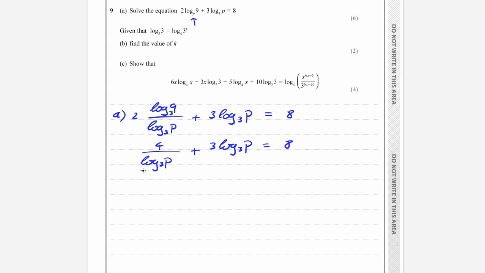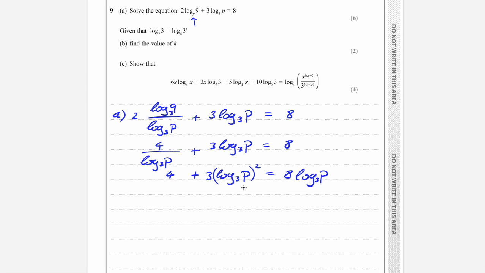I have this in the denominator. I always say, guys, if you have something in the denominator and you don't like it there, multiply across, but multiply everything by log p base 3. So that will remove it from here. That'll give me 4 plus 3 log p base 3 squared, and then this has to equal 8 also multiplied by log p base 3.